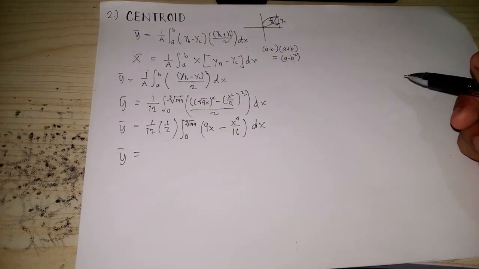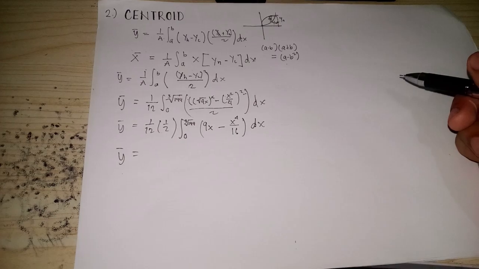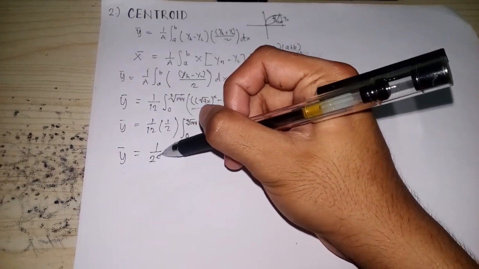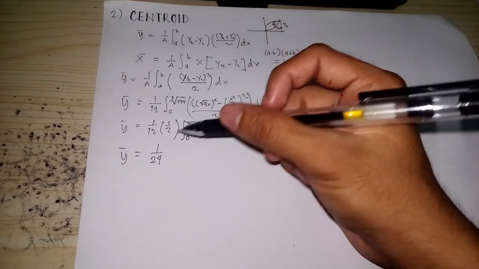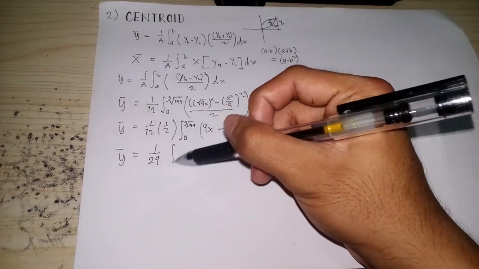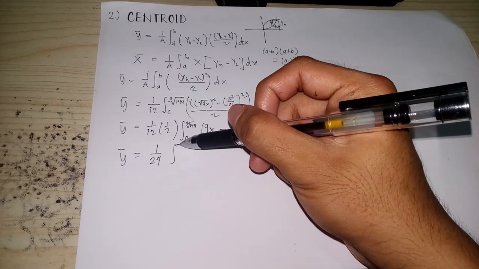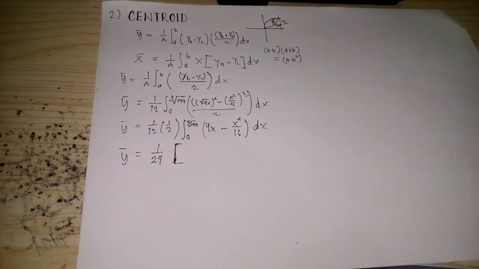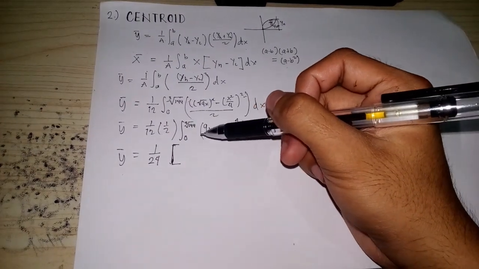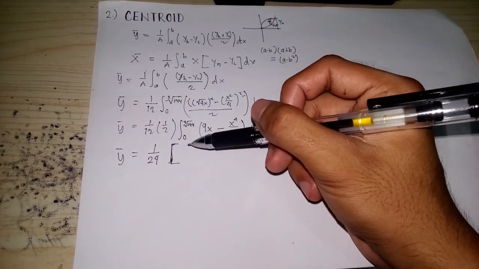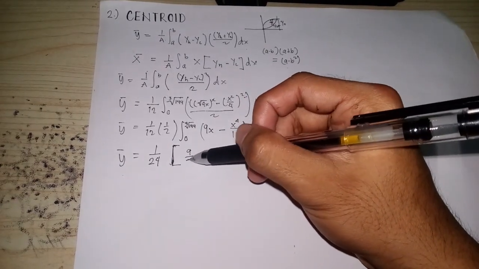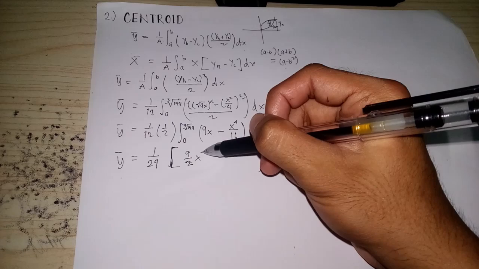Let's integrate now, since we have nothing left. So this will become 1 over 24, right? Then, in brackets, the antiderivative, or the integral of 9x, is 9 over 2 x squared.